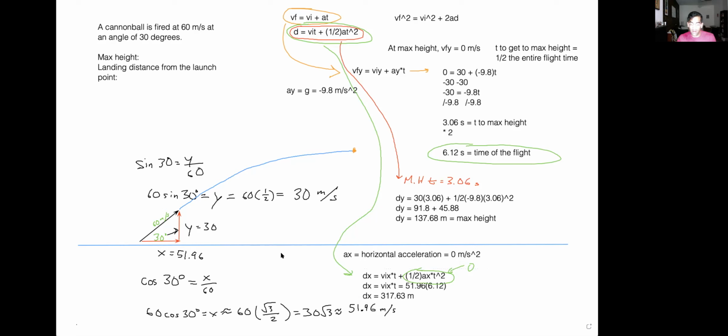So there you have it. By first figuring out the time for the halfway point, which is at the maximum height, I then found the max height.